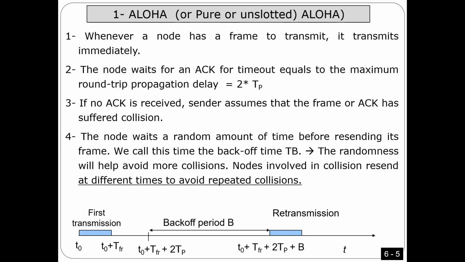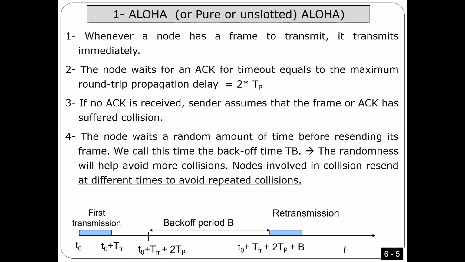I'm going to assume it's because of collision. It may be because of noise, but anyway, collision. So I'm going to wait for a random time. We call it backoff period, and then I'm going to transmit again.